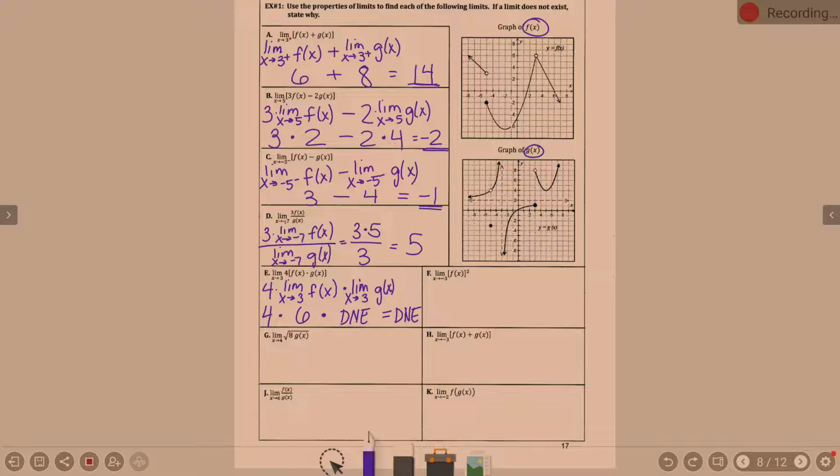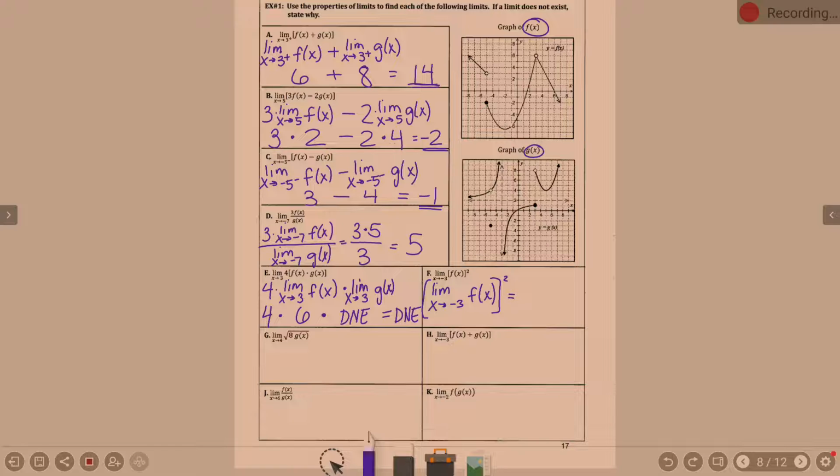Okay, F, we have a power here. Remember the power? Basically, we can rewrite this so we're doing the limit and then squaring the result of the limit. So if I rewrite this, it's the limit as x approaches negative 3 of f of x. We're going to do that limit first, and then we're going to square it.